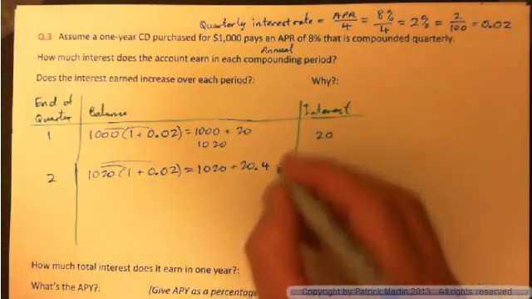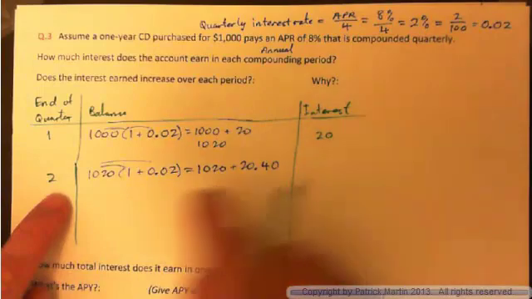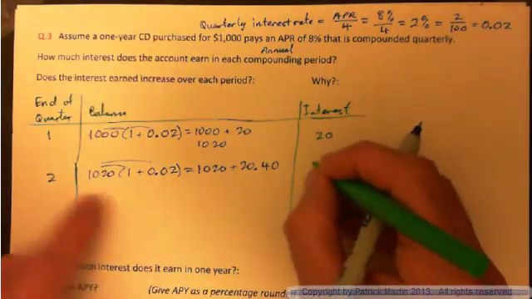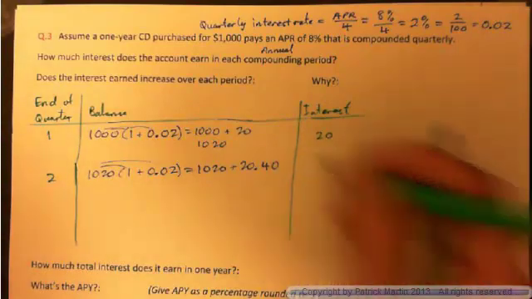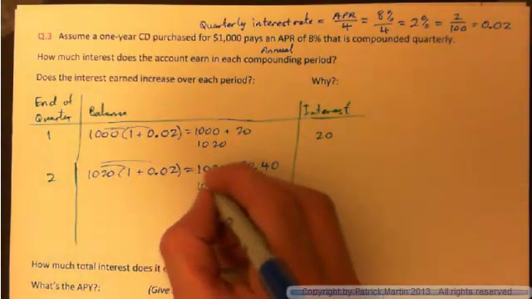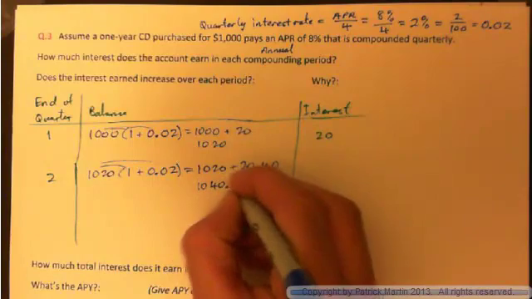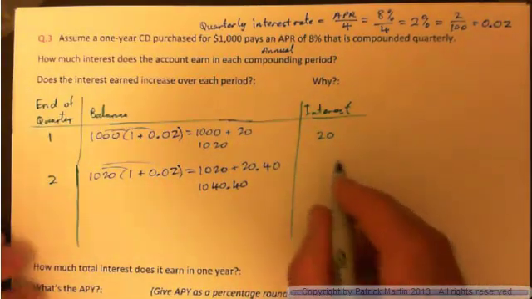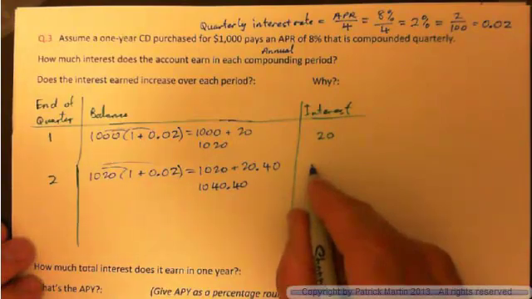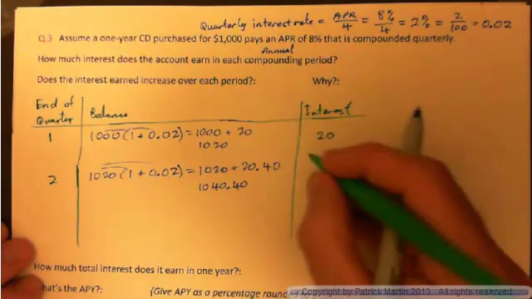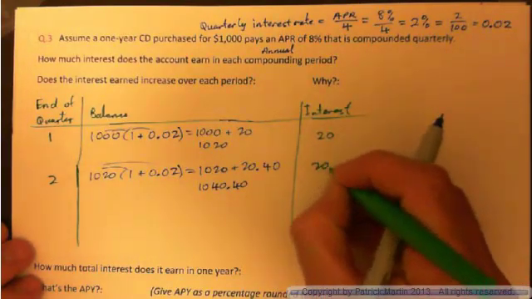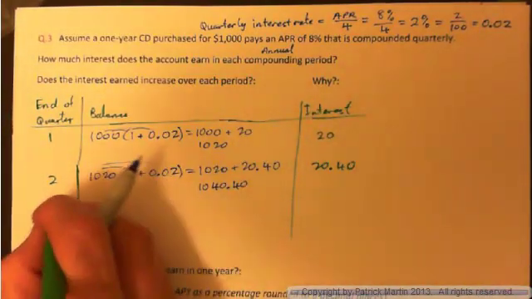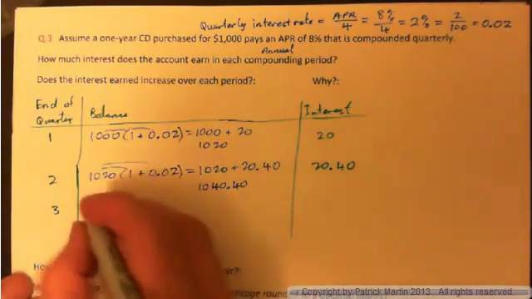So at the end of quarter 2, we have $1,040.40, and the interest we have added on in this quarter is in fact $20.40.